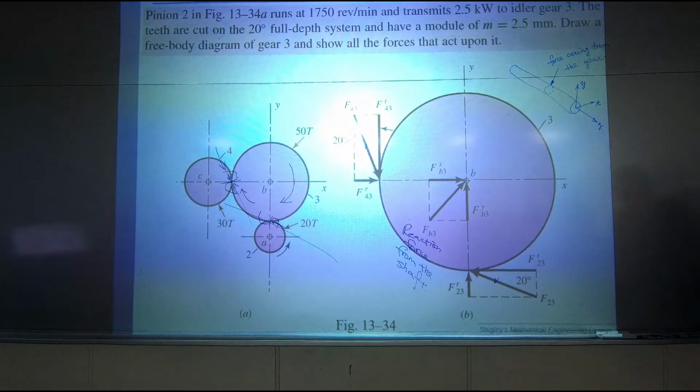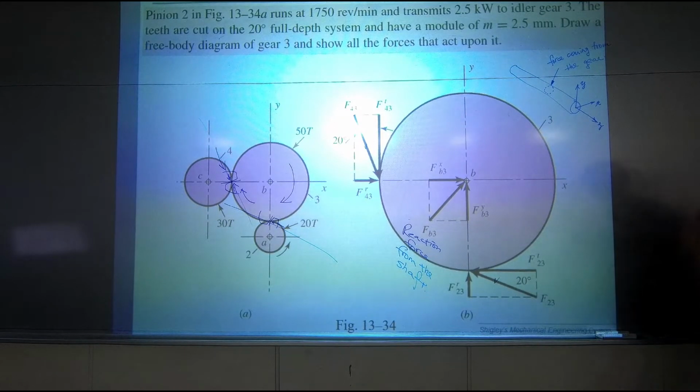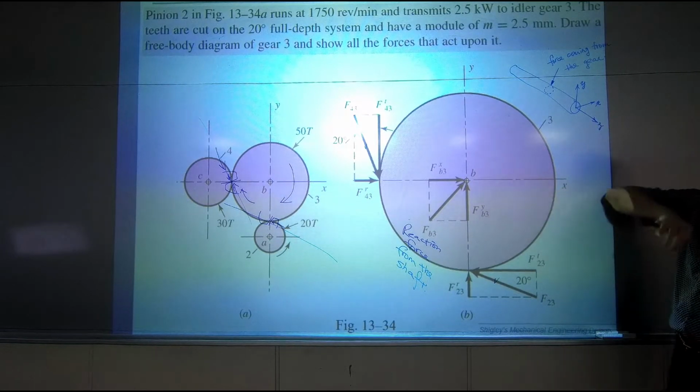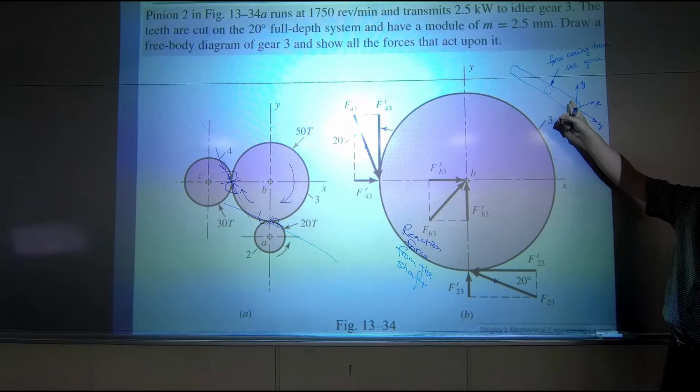Okay, so when you are designing a shaft-axle system, there are multiple components. Every two components that connect to each other have a force reaction between them. So you need to focus on maybe one component, and then figure out the forces coming from each other. Okay? So this is how a gear design is actually related to a shaft design.